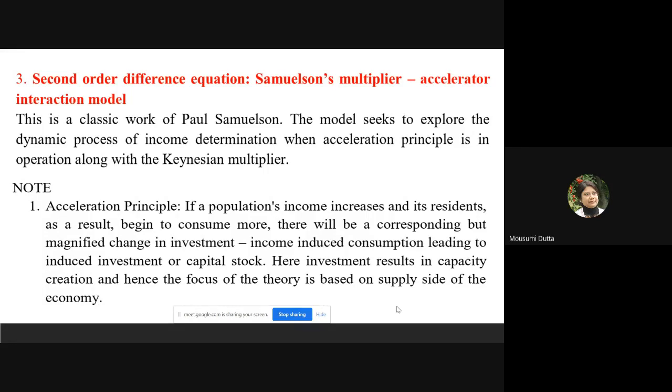This we call the induced investment. And if consumption expenditure increases by say 1%, then the acceleration principle states that a magnified change, maybe a 15% increase in stock. So compared to the increase in consumption expenditure, the increase in investment will be quite a lot. So, a magnified change.